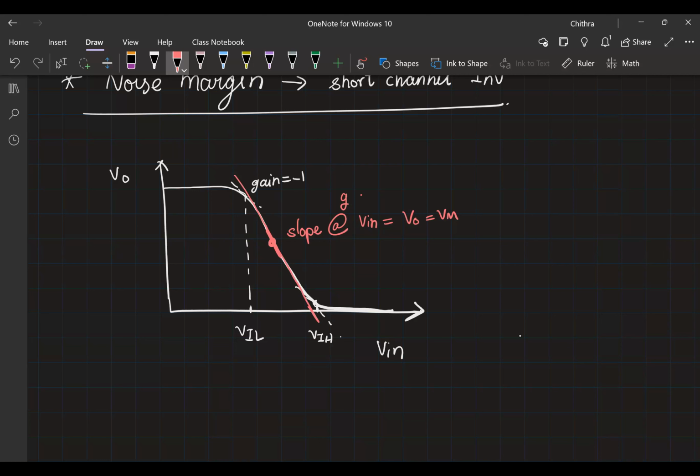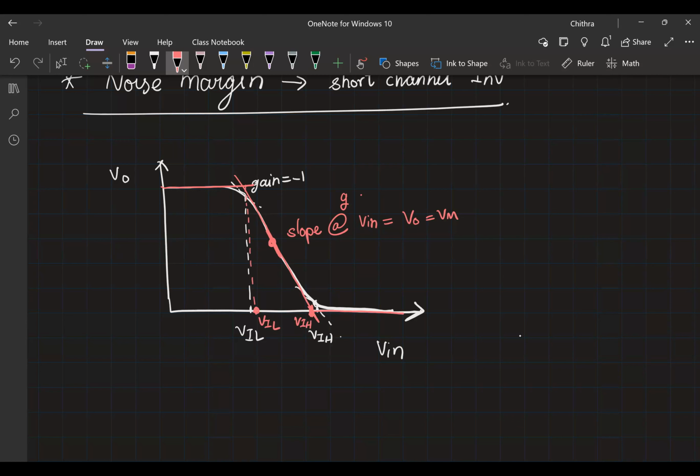You also draw a line corresponding to VOH. So another line with slope equal to 0 and another line with slope equal to 0 corresponding to VOL. And then you mark the intersection points. So that will be these two nodes. And we say this is now our VIL and this is our VIH.